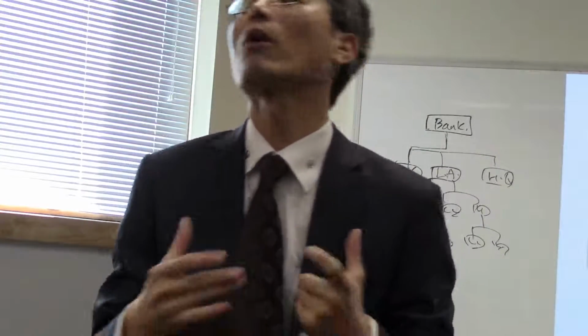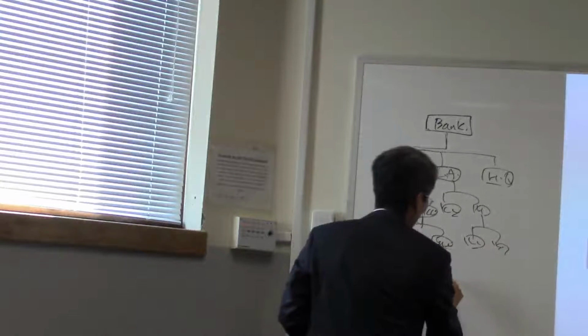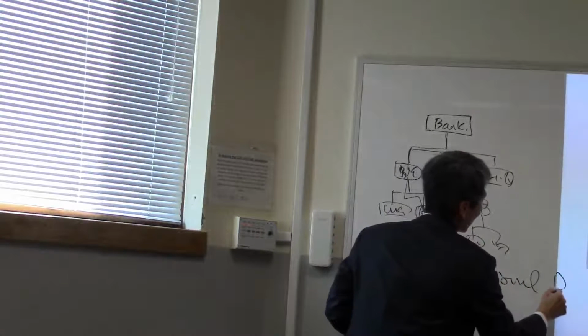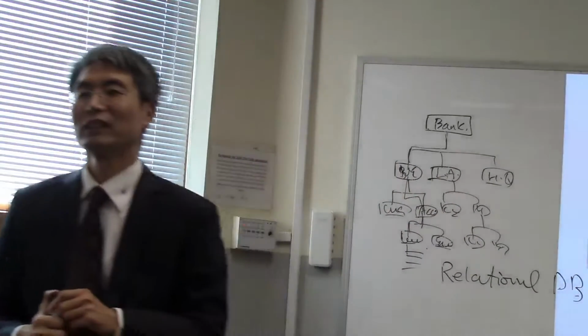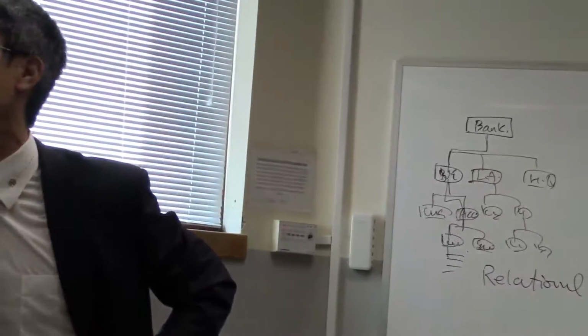So there exists an object-oriented database model. Among them, in this class, we are going to use the relational database model. So relation, we need to know what is a relation. That is the first thing.